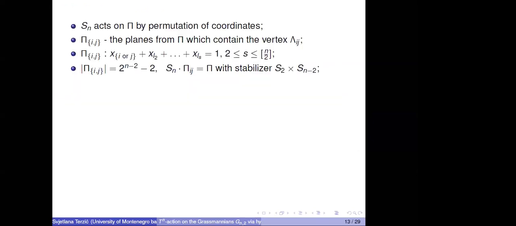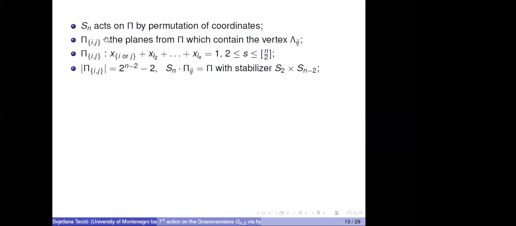We can describe the set of these (n-2)-dimensional polytopes more closely. Namely, the symmetric group S_n acts on the set of these planes by permutation.